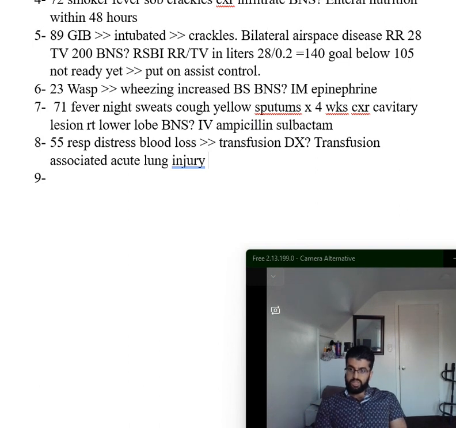No ALI immediately before transfusion, no acute lung insult. The onset of acute injury occurs during or within 6 hours after the end of transfusion of more than one plasma-containing product. So usually it happens within 6 hours. That's when you think it could be transfusion-associated lung injury.